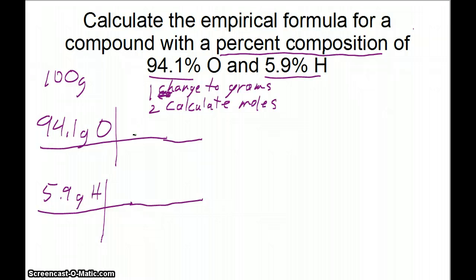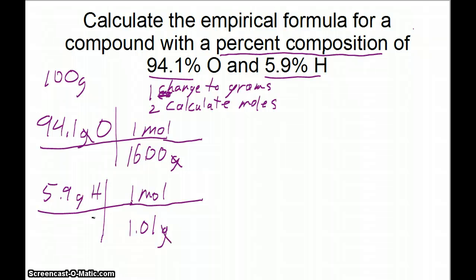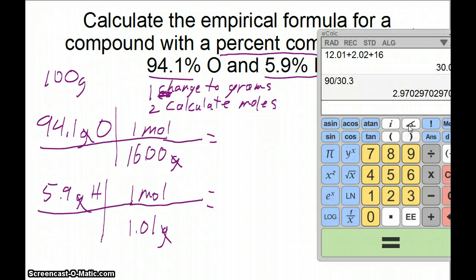In 1 mole of oxygen, we have 16.00 grams. That allows grams to cancel. And for 1 mole of hydrogen, we have 1.01 grams. So once again, grams cancel. Now we're simply calculating how many moles of each we have. So let's get our calculator out here.